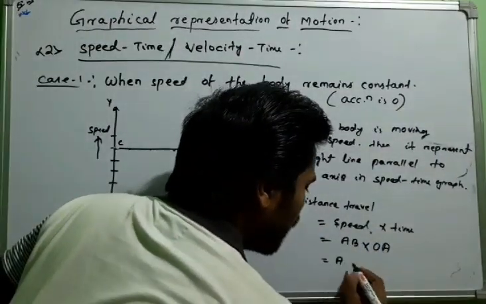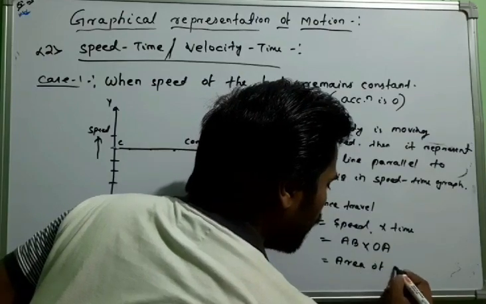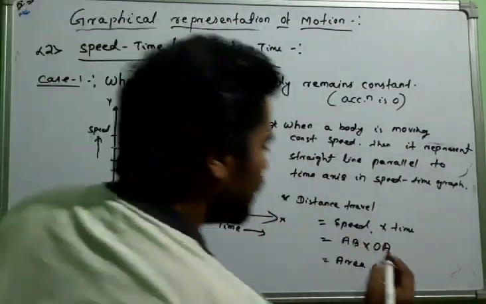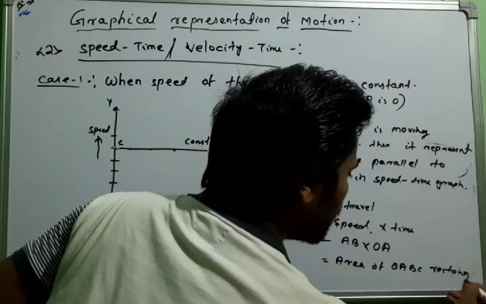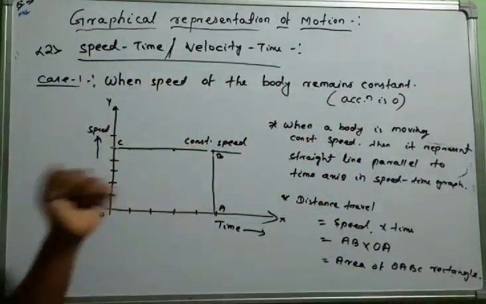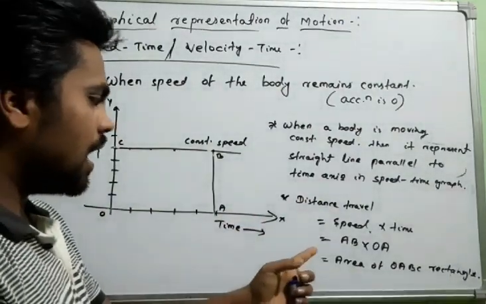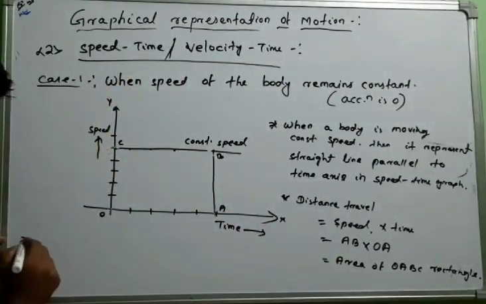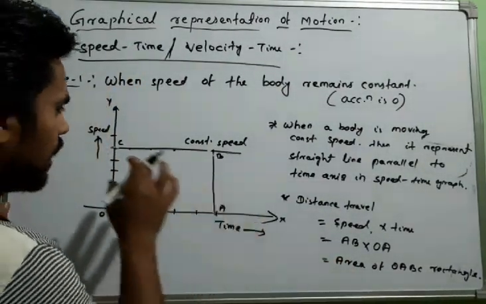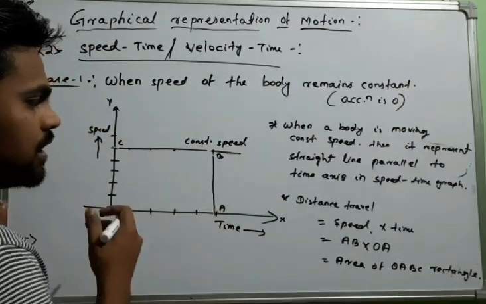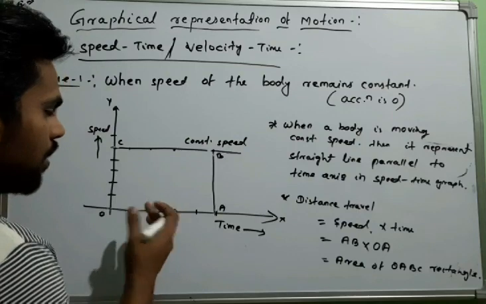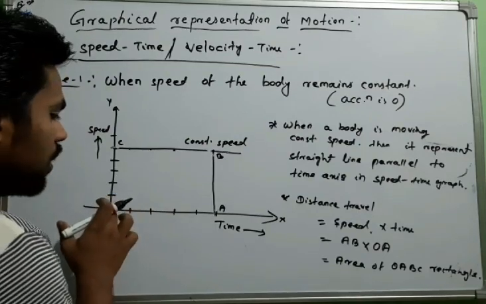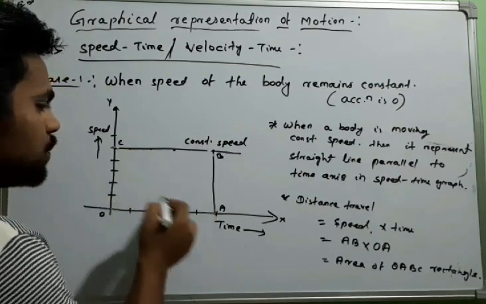So if the question is asking, in a speed time graph, what is the distance traveled? You have to write it is the total area covered in the speed time graph.